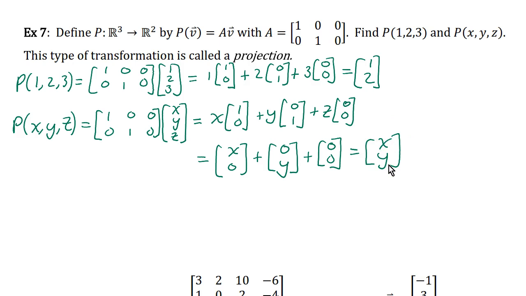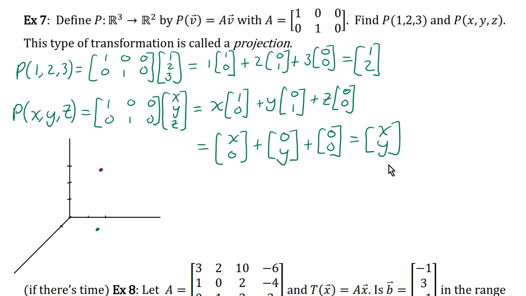And so this is called a projection because it's kind of taking, let's see if I can draw a picture of it. So here is R3, the set of all of these possible inputs, including inputs like 1, 2, 3, which I tried to draw right here, sort of. If you input that, the output that you're going to get is down here.